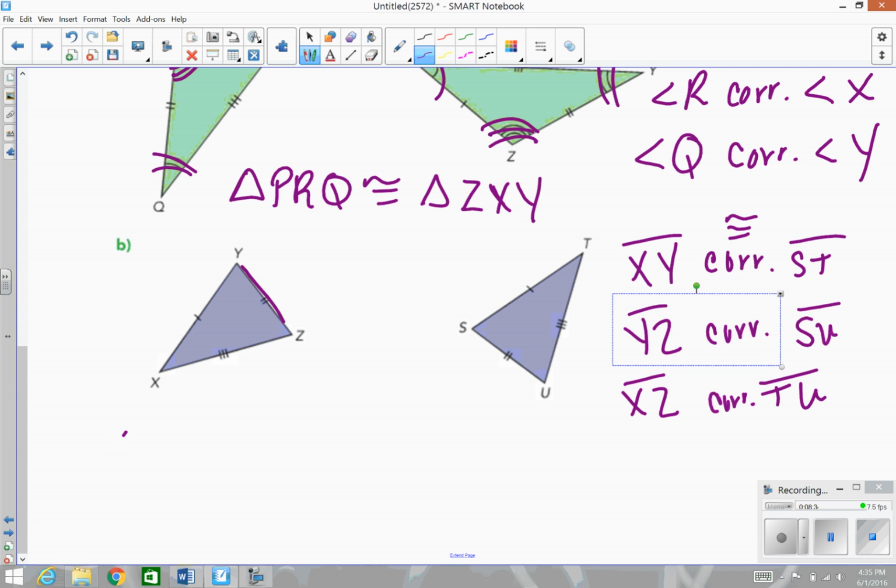Okay, so we can say that triangle XYZ is congruent to triangle TSU. T is in the same spot as X, S is in the same spot as Y, and U is in the same spot as Z. So we would say X matches with T, Y is the S, and Z is the U. There we go.